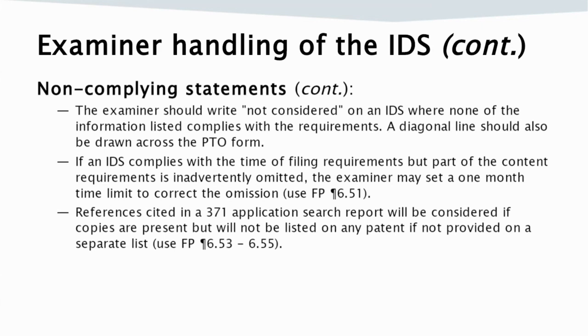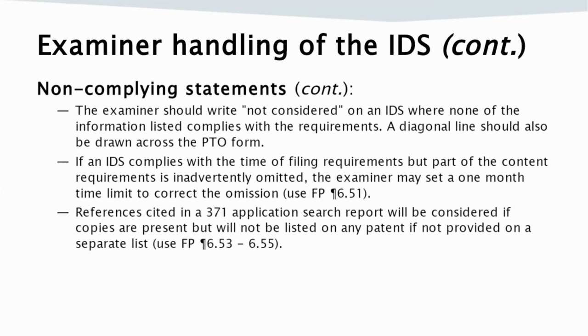Use form paragraph 6.51. The examiner will consider the documents cited in the International Search Report in a PCT National Stage application when the form PCT/DO/EO/903 indicates that both the International Search Report and the copies of the documents are present in the National Stage file.